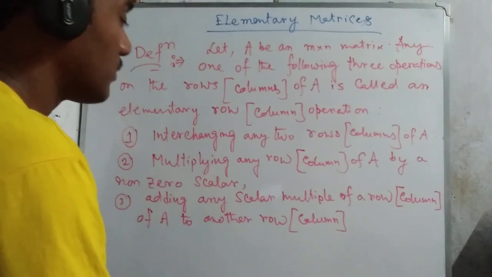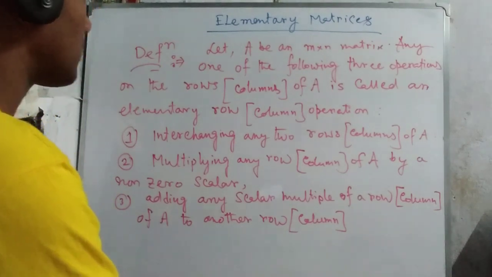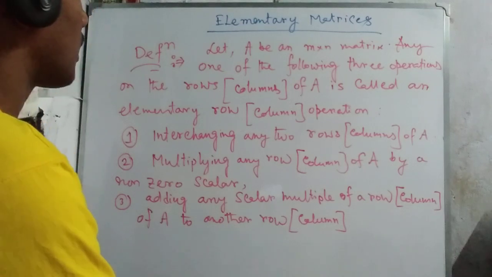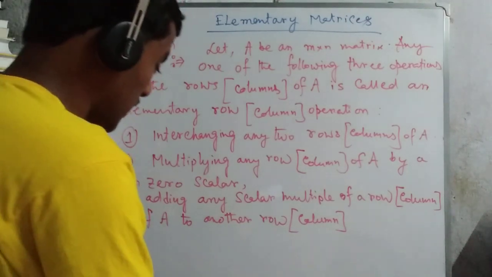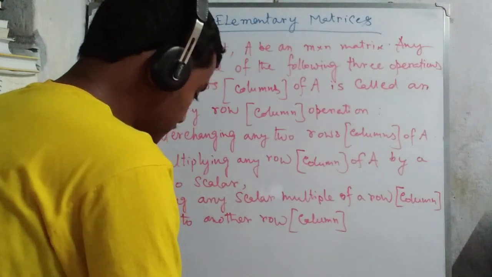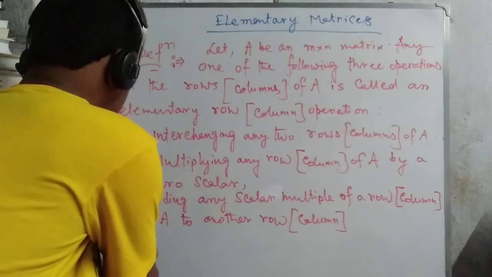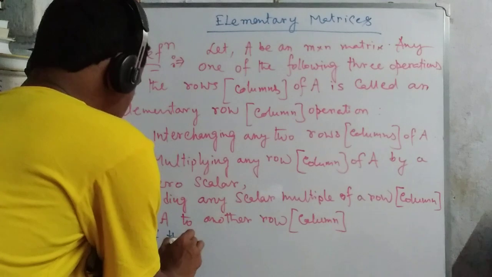To handle these operations easily, we call them elementary row operations or elementary column operations.